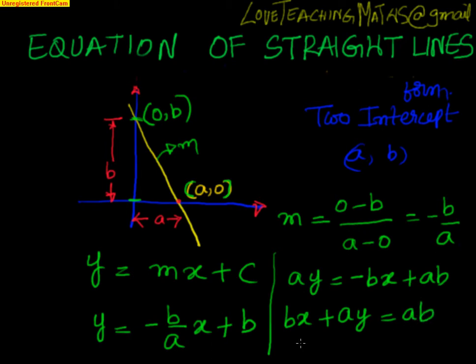If you divide the whole equation by ab, it becomes x by a plus y by b equal to 1. This is the equation for finding the straight line equation if you have been given intercepts a comma b.